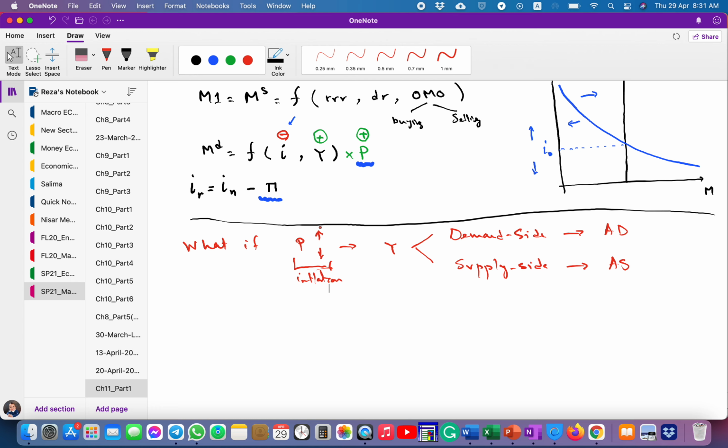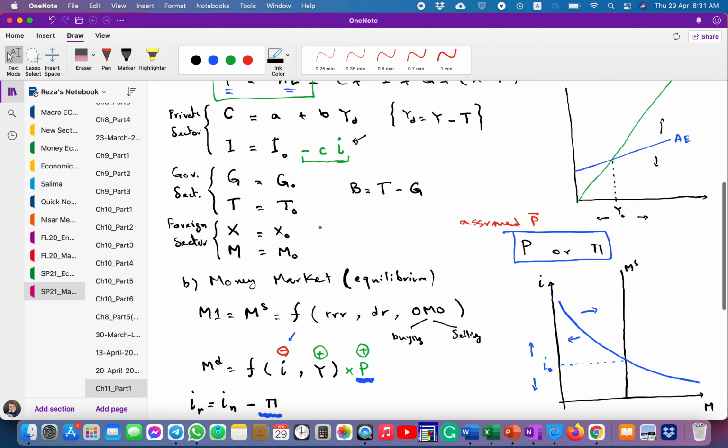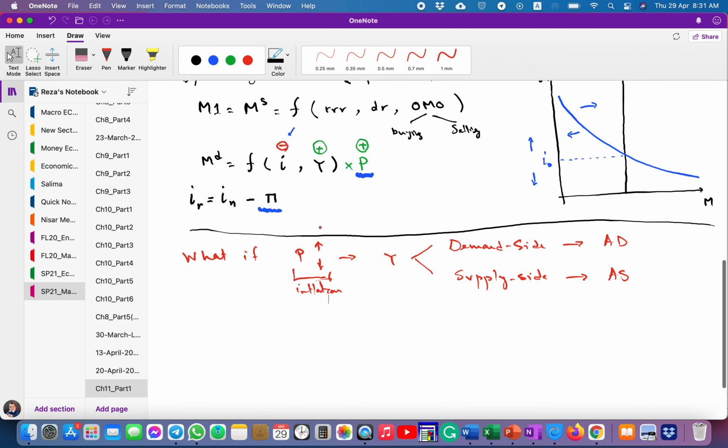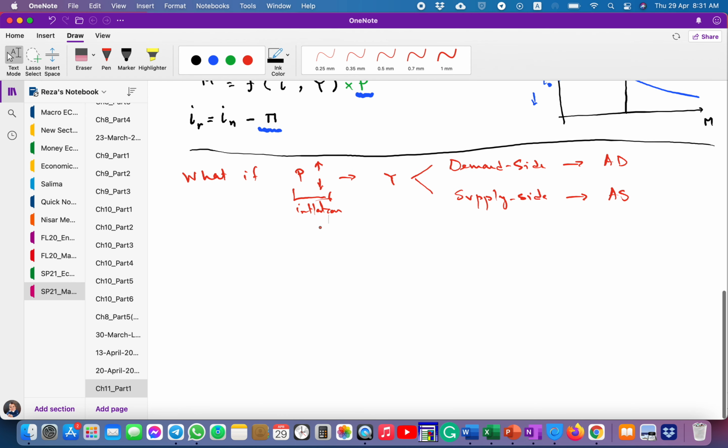We're using the knowledge which we have developed so far, but looking at the responsiveness of the aggregate output to the price level. So we are after such a model. On the demand side, what is the shape of the aggregate demand, and what is the shape of the aggregate supply? That's what we want to do.